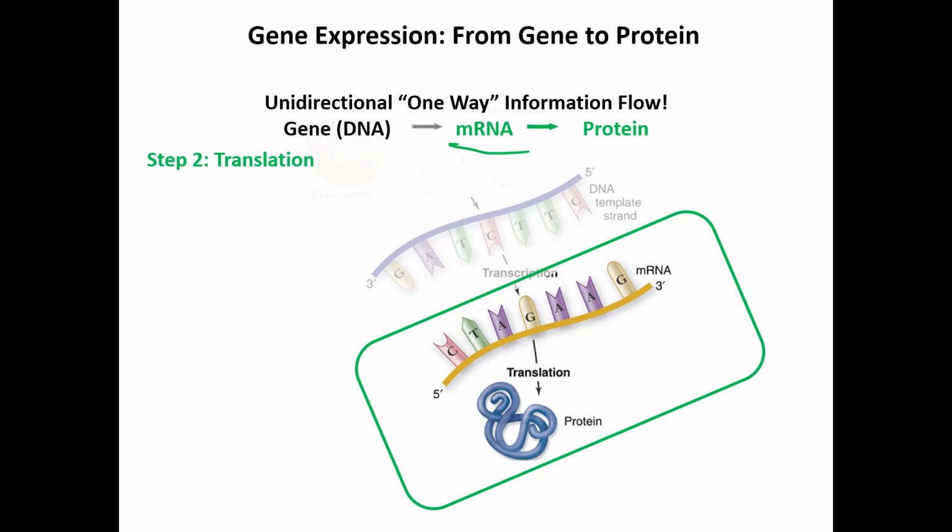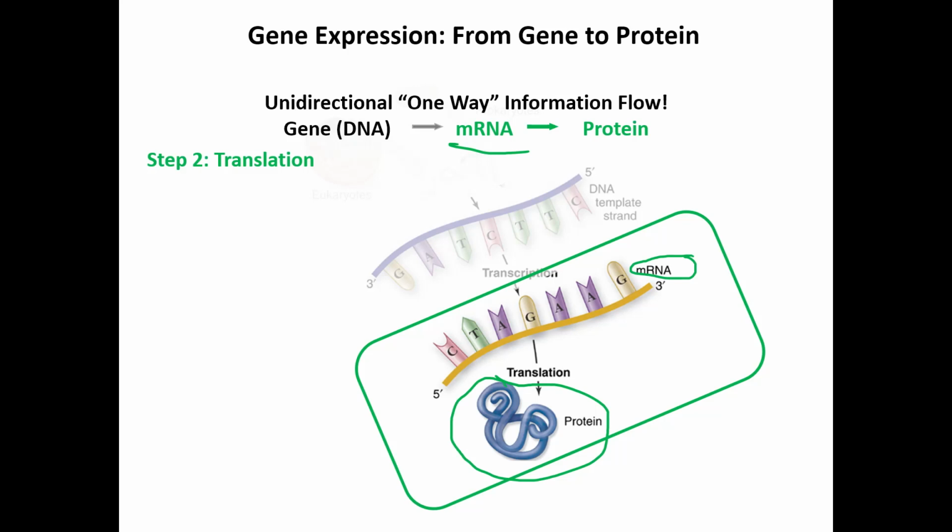So here now we take the messenger RNA as the working copy of the DNA coding strand to produce the protein that is encoded in that gene on the coding strand of the DNA.